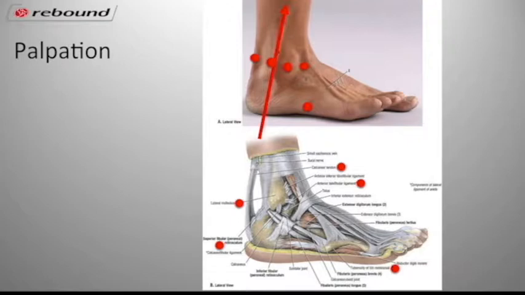Again, bony tenderness is an important thing to establish, especially if we're going to use our physical examination to drive our imaging studies. Anterior to this is the most commonly injured ligament, the anterior talofibular ligament. Oftentimes this is the one that people present with injury to when they're coming in with these lateral ankle sprains.